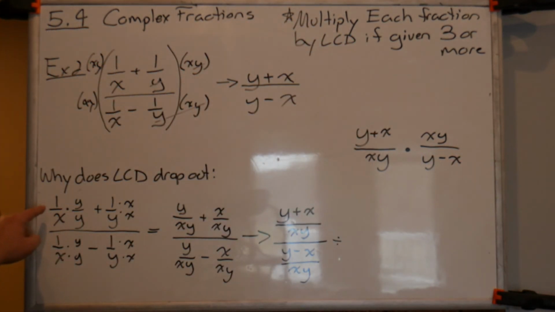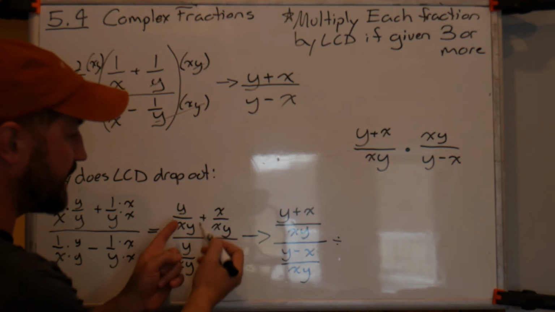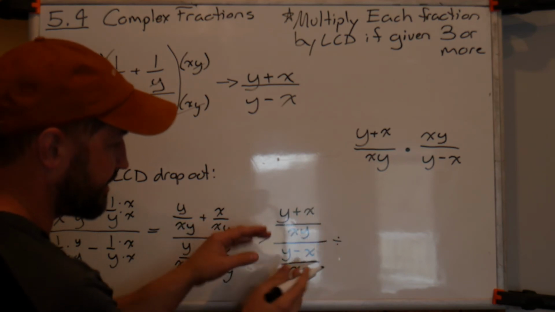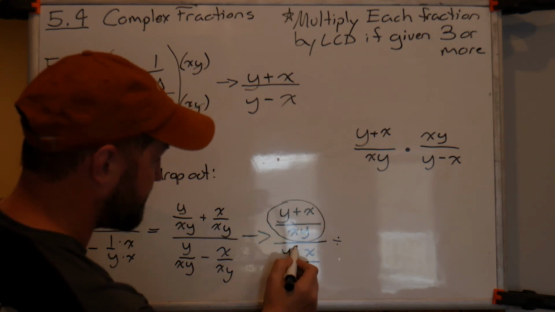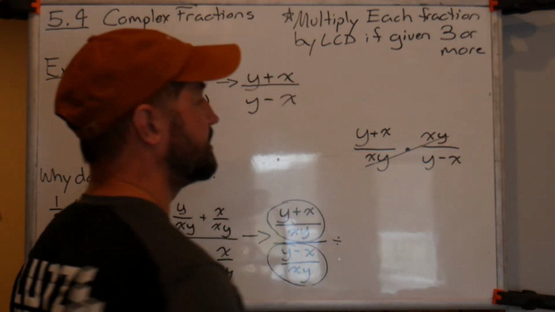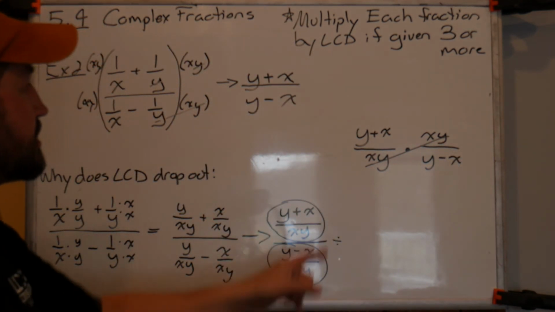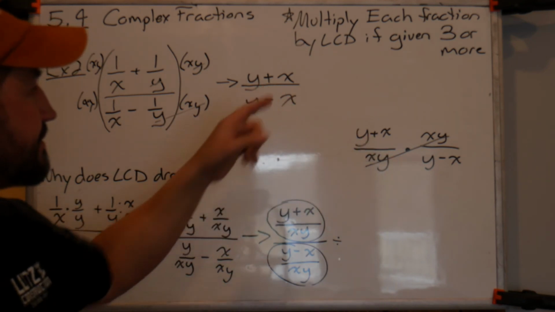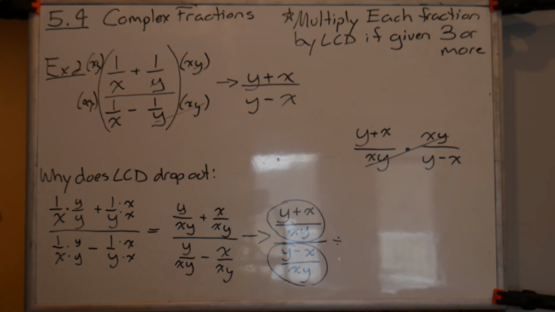If I changed every one of them to make them equivalent fractions with denominator xy, I would have this whole piece and combine it together and think of it as this one divided by this one. So I would flip and multiply. When I do so, the LCD goes away because I made it the same. So I'm left with x plus y over x minus y. That is the step we can skip.